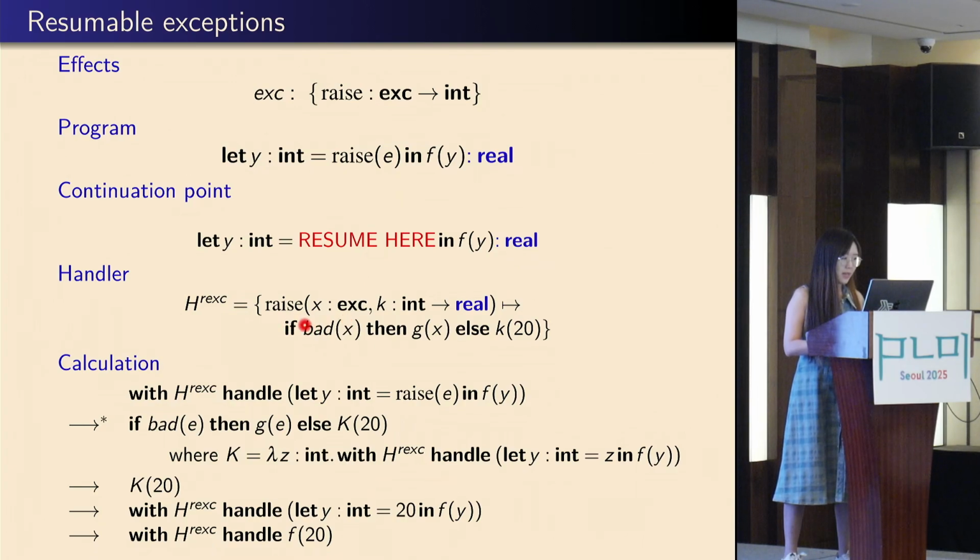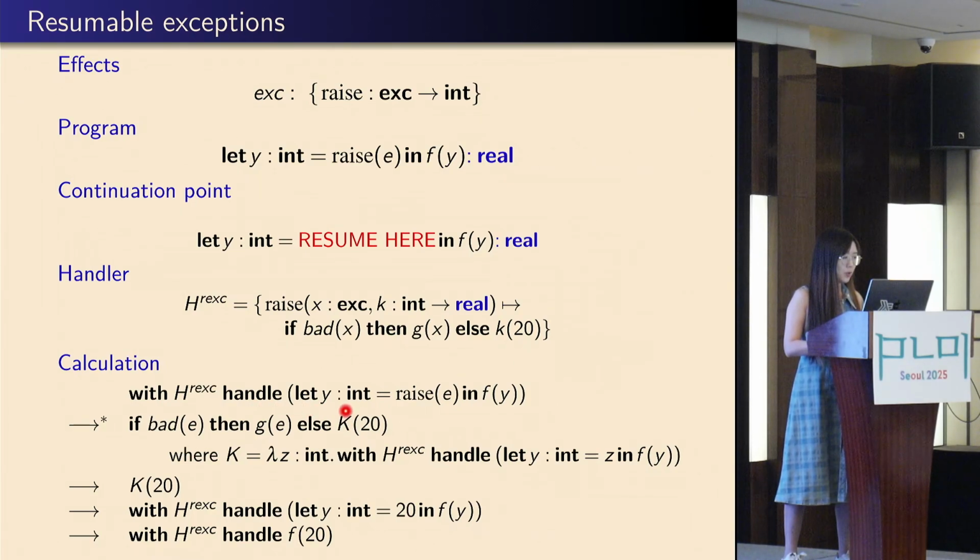In this case, the handler is also updated, so it receives not only the argument to the operation, but also a continuation k that's going to resume the original computation when this k is called with some input. And the handler says, well, I'm going to see whether this exception is a bad exception. If it is, then I'm going to abort the original computation, and instead I'm going to run g x. But otherwise, let's resume the original computation with the value 20.